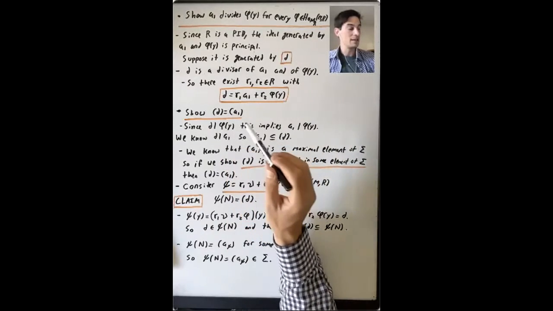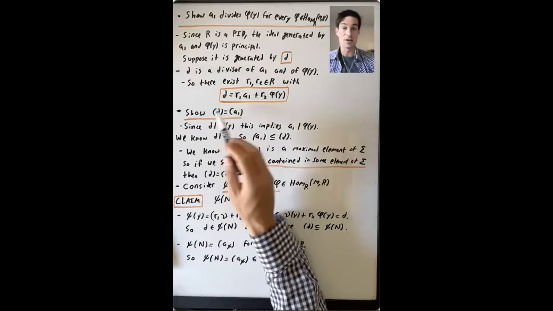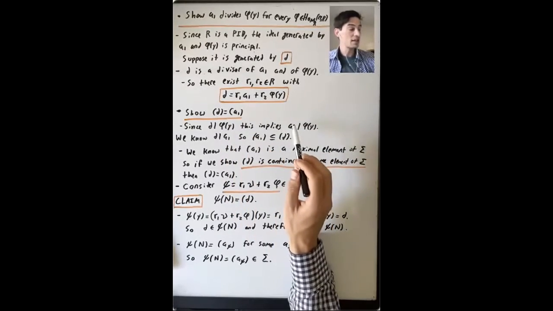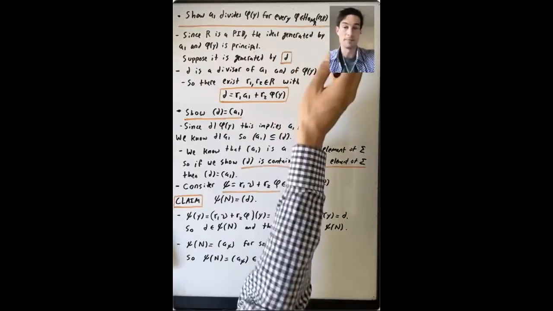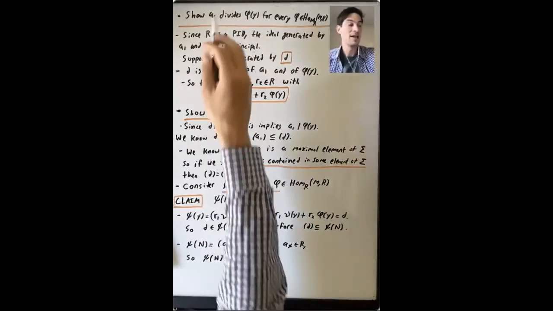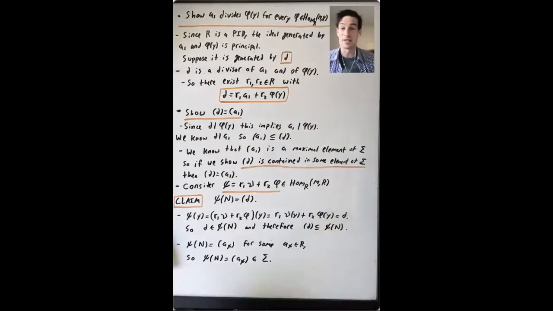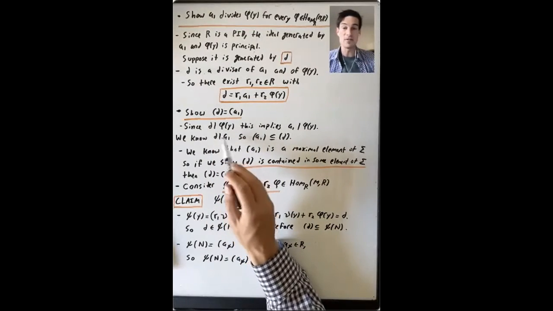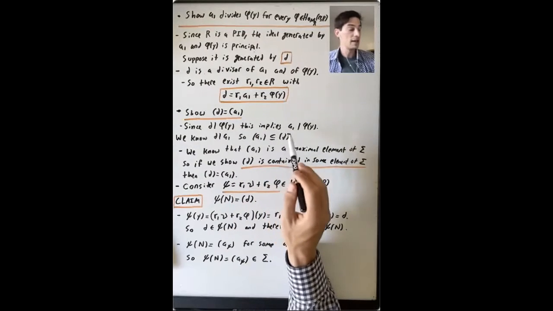Since d divides φ of y, if we know these ideals are the same, then that's going to imply that A1 divides φ of y, and we'll be done. So we've now taken this goal and changed it into showing that these two ideals are the same. And containment one way is pretty clear. We know that d divides A1, so the ideal generated by A1 is contained in the ideal generated by d.